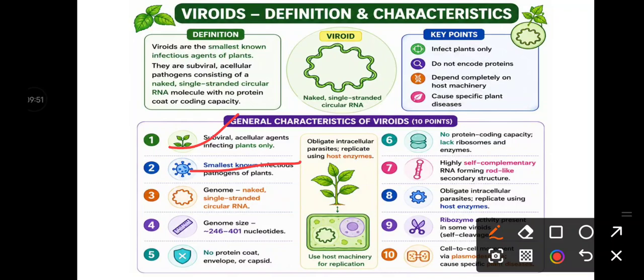It lacks a protein coat, with no protein coding capacity. It shows high self-complementarity forming rod-like secondary structures. It's an obligate intracellular parasite. Some viroids have ribozyme activity, and it moves from one cell to another cell through plasmodesmata.